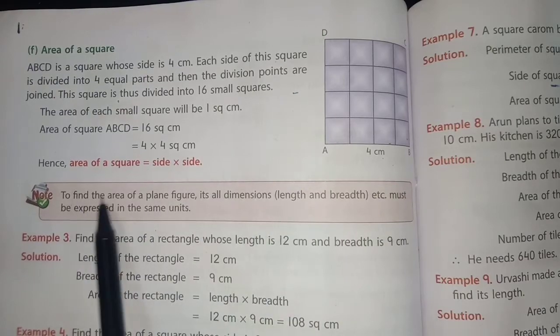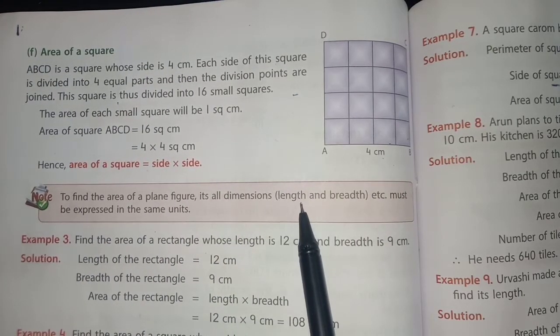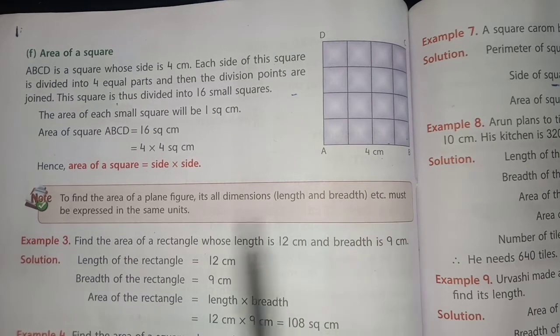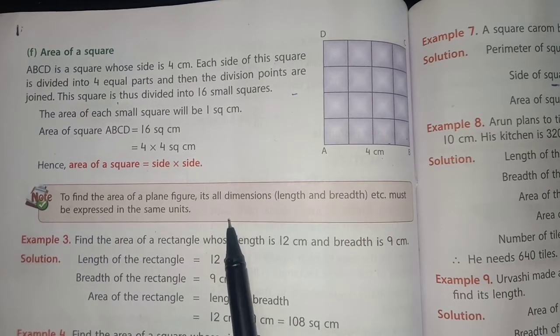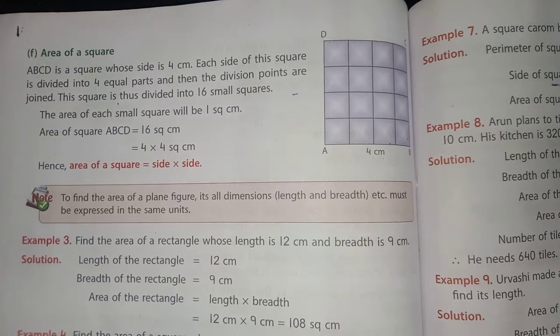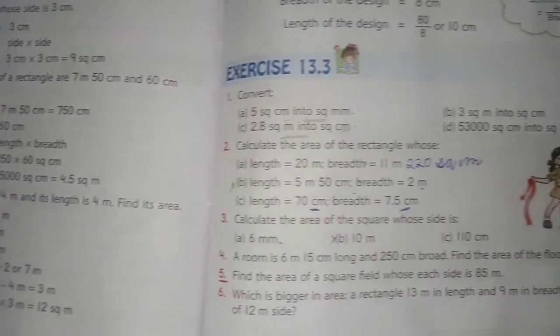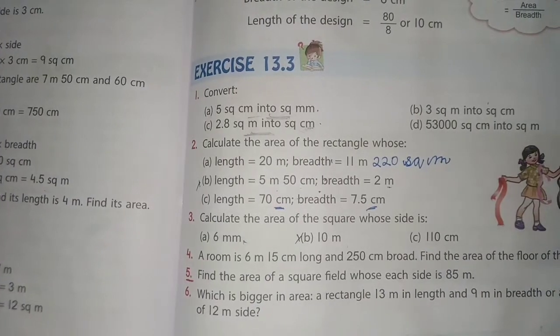So to find the area of a plane figure, all its dimensions, that is length and breadth, etc., must be expressed in the same units. So the unit of length and breadth should be the same for finding the area of a plane figure. Now let us start exercise 13.3.